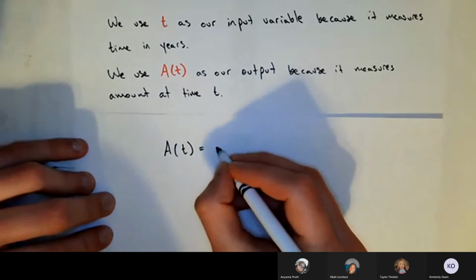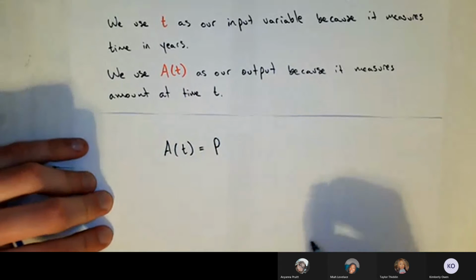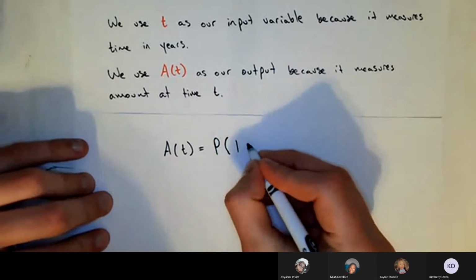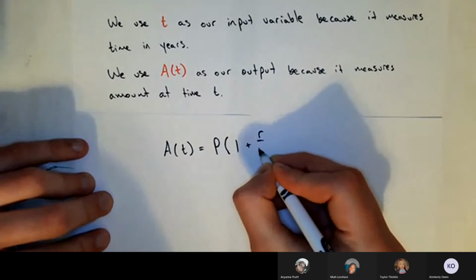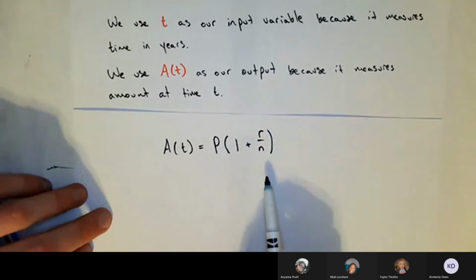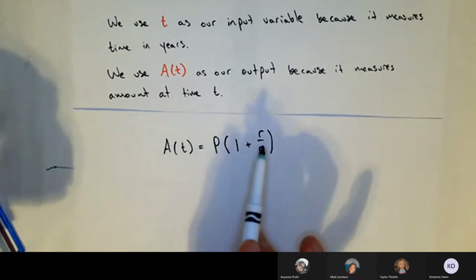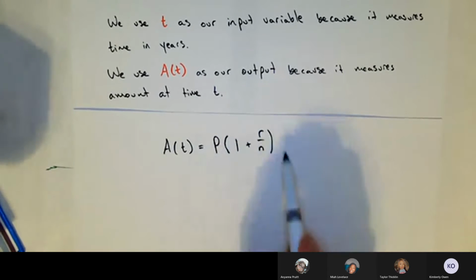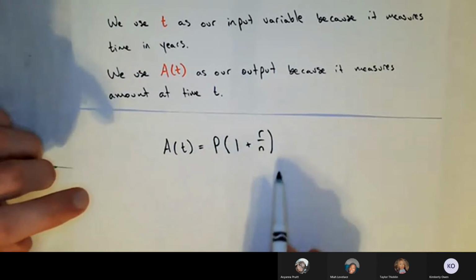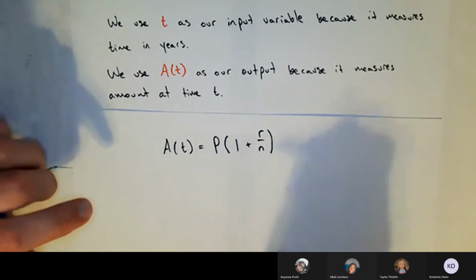A of t is equal to the principal, so the principal is getting involved here, times 1 plus r over n, close parentheses. So there's the P, R, and N getting involved in the base, right? t is not involved yet, so this is still just some constant here.